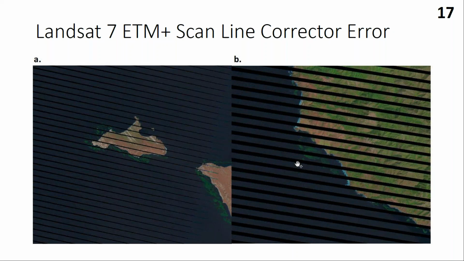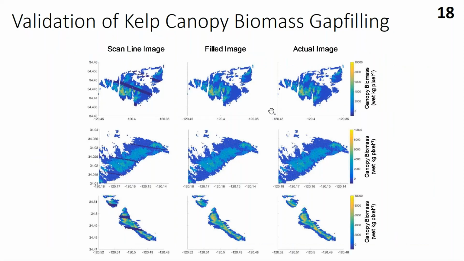Next slide. And so we've taken advantage of the spatial synchrony of kelp canopy to help us fill these lines. And so what I mean by spatial synchrony is that if you look at giant kelp pixels or giant kelp beds, kelp canopy is going to vary through time more similarly in beds which are closer together than farther apart.